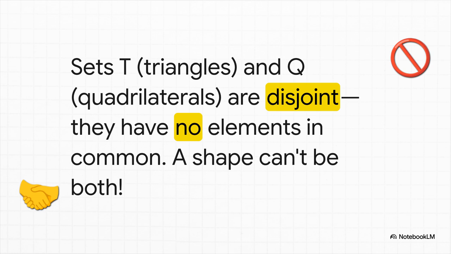And check this out. Notice how the circle for triangles, T, and the circle for quadrilaterals, Q, are totally separate. They don't overlap at all. In set theory, there's a word for this: disjoint. But really, it's just a formal way of saying something you already know intuitively, right? A shape can't be a triangle and a quadrilateral at the same time. It's got to be one or the other.